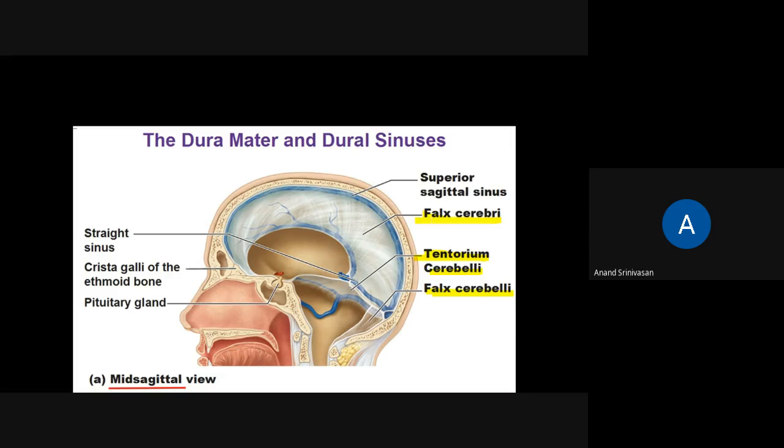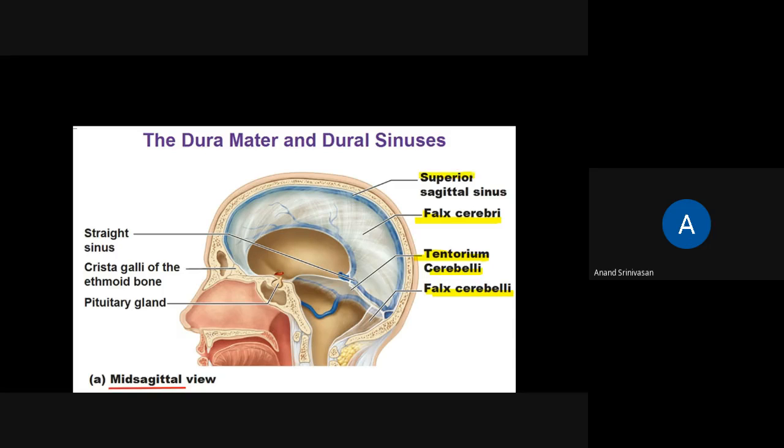So the two cerebral hemispheres are separated by the falx cerebri, the two cerebellar hemispheres are separated by the falx cerebelli, and the cerebrum and the cerebellum are separated by the tentorium cerebelli.